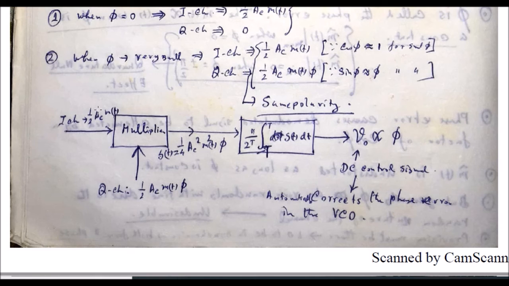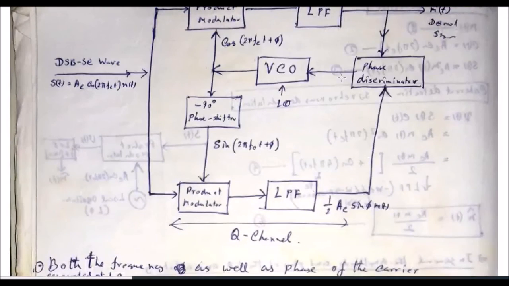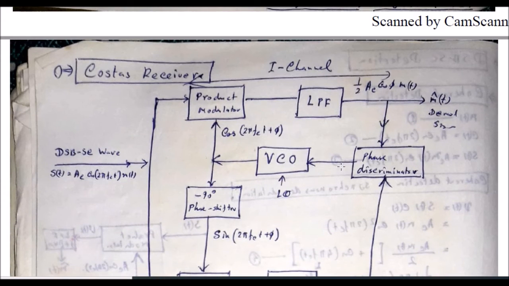The output of the phase discriminator as a whole, these two steps together, will be equal to V0. V0 is proportional to phi. That means at any time, if phi is increasing, V0 will also increase. If phi is decreasing, then V0 will also decrease. This V0 is the output of the phase discriminator.